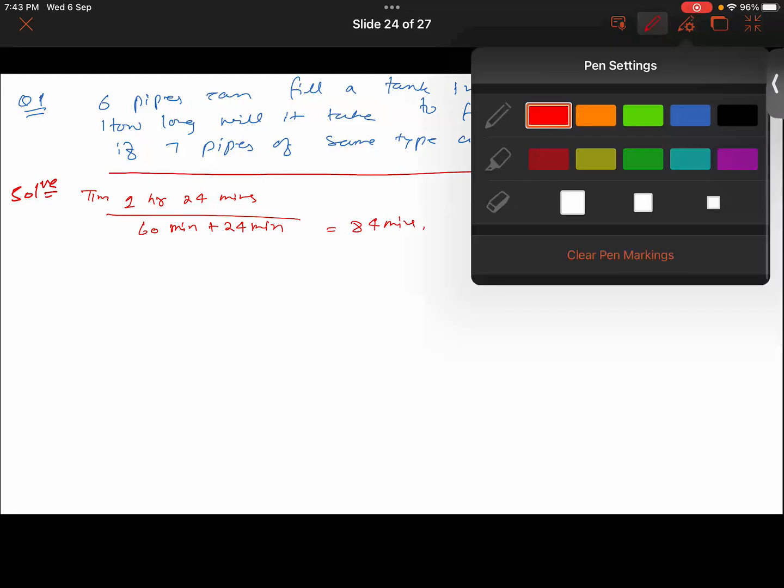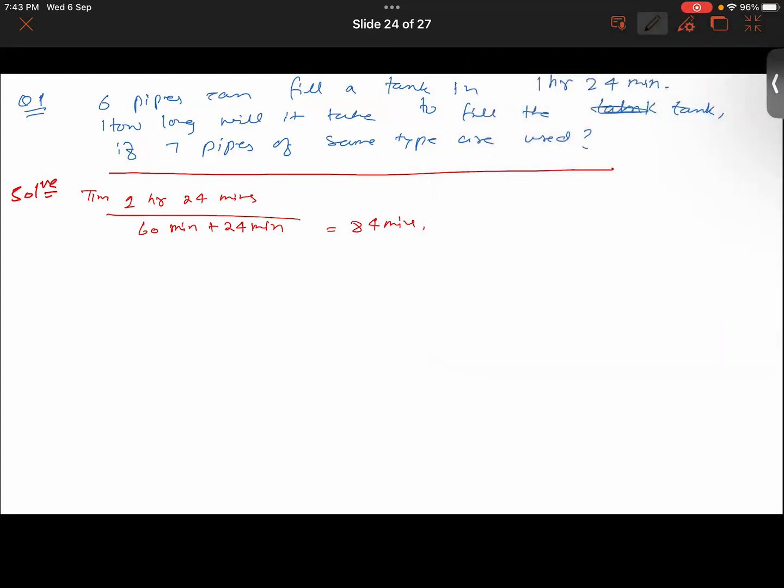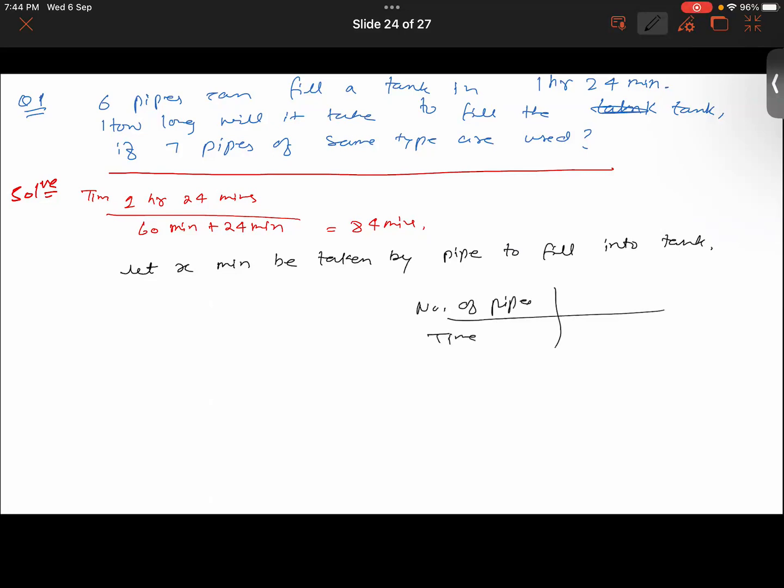Now let's assume that x minutes be taken by 7 pipes to fill the tank. So you see, the number of pipes and the time taken by the pipes will be written like this. 6 pipes take 84 minutes.